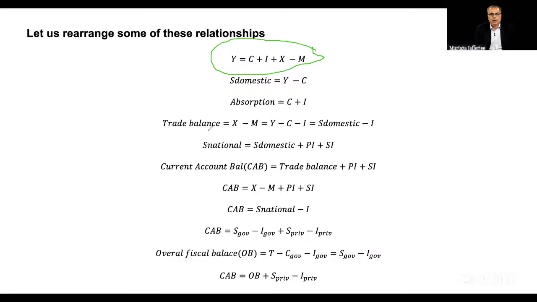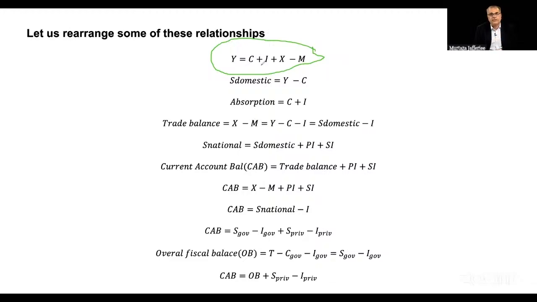Now, lots of people talk about the trade balance, where X stands for the exports of goods and services. If it is only goods, that would be, excuse me, merchandise exports. But X minus M is the trade balance, which is the export of goods and services minus imports of goods and services.